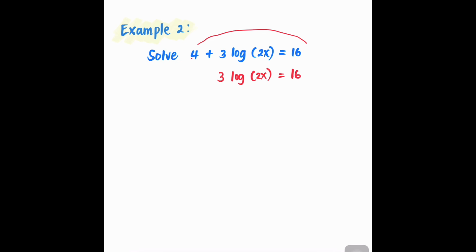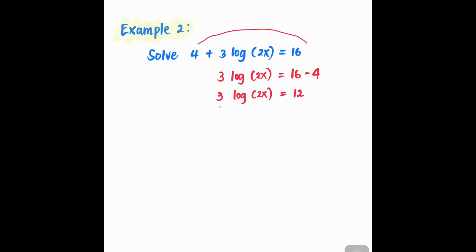So from positive 4 it will become negative 4. And then we carry on simplifying. 3 log of 2x is equal to 16 minus 4 is 12. Now, at this point, we can see that we have here a coefficient of 3 on the left-hand side.